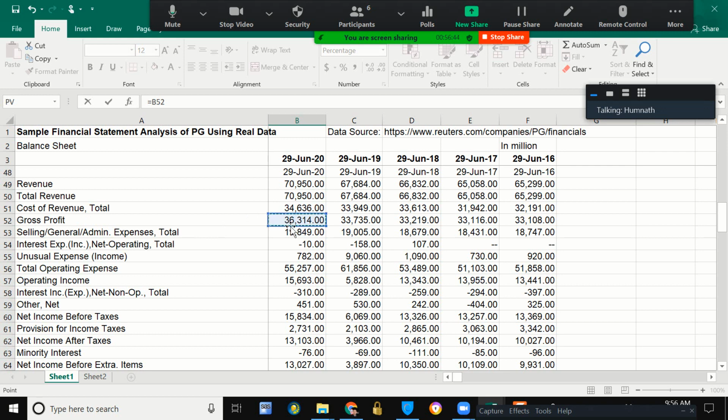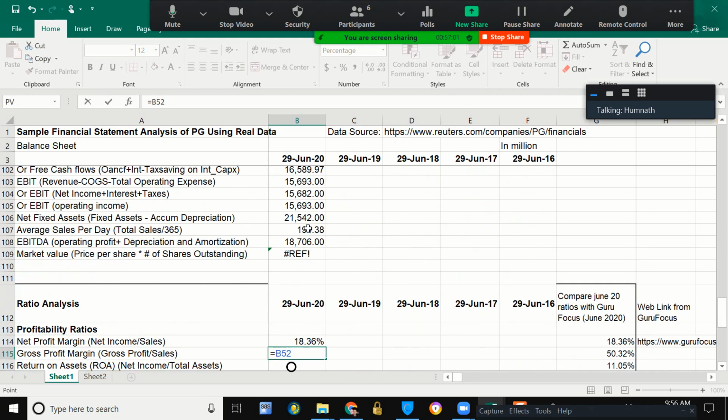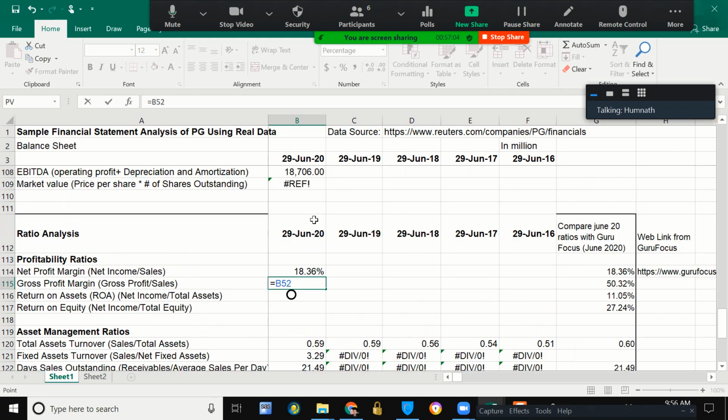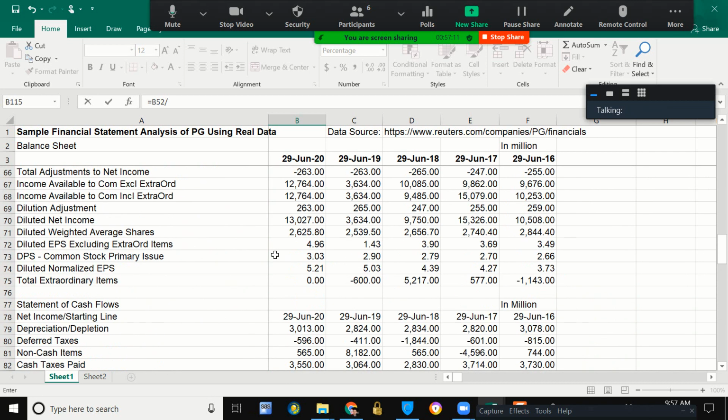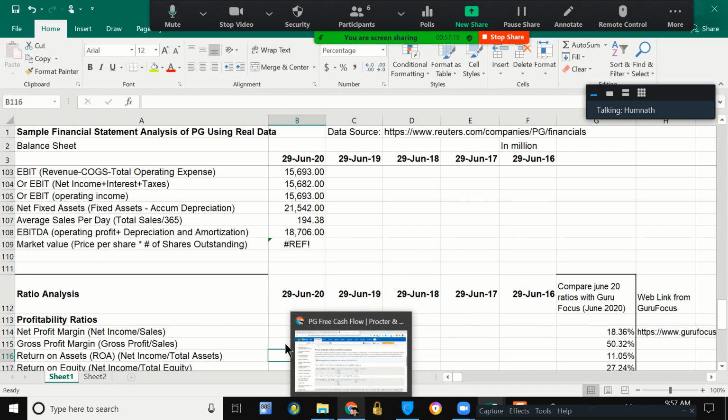If that information is not there, you can just subtract cost of revenue, which is cost of goods sold, from the total revenue. So we have gross profit, and we divide by, make sure you put that division sign. So we divide, and then we do total sales, which is the revenue, and revenue is right here, total revenue. Okay, so here you go.